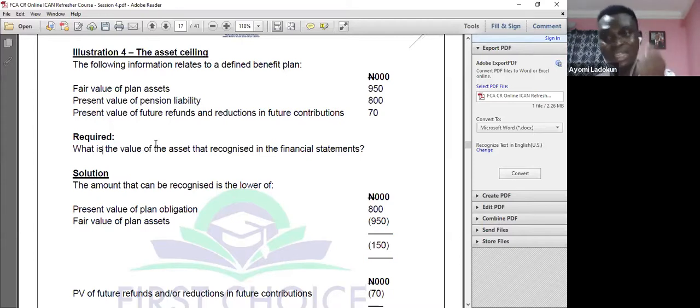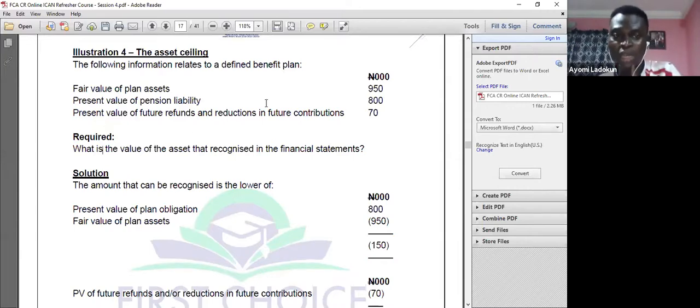But IAS 19 now says the amount of asset you can recognize must be limited to the future economic benefit that can be gotten from that asset. It simply means you need to take a look at the future refund or reduction in future contribution. To that extent, you can recognize.